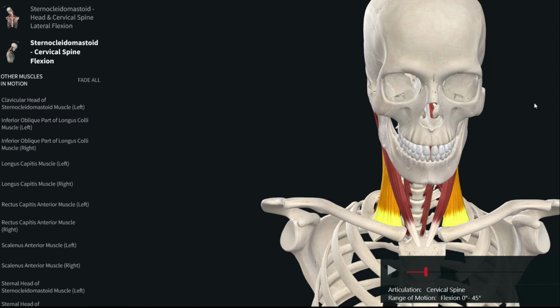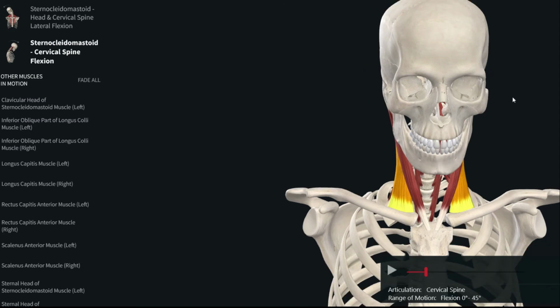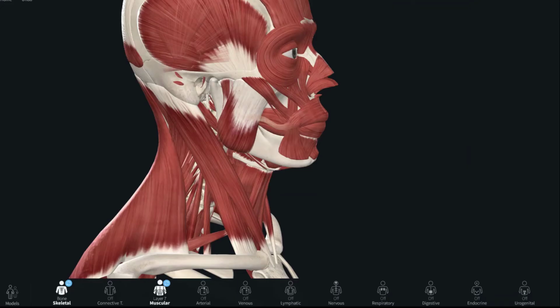Okay, in case of forced inspiration, it will act as the accessory muscle of respiration. Okay, done.